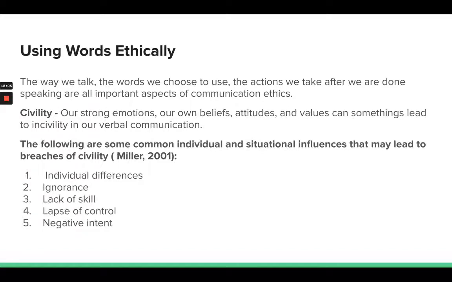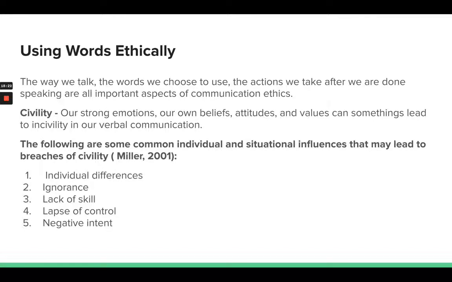So it's very important that even in the most challenging of circumstances, we find a way to stay calm, to think before we speak, and to make sure that the words we're choosing are powerful.